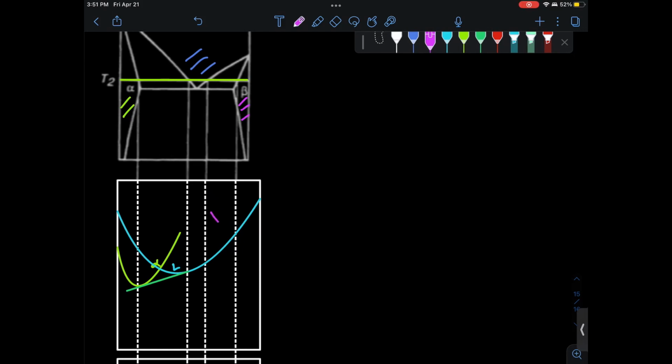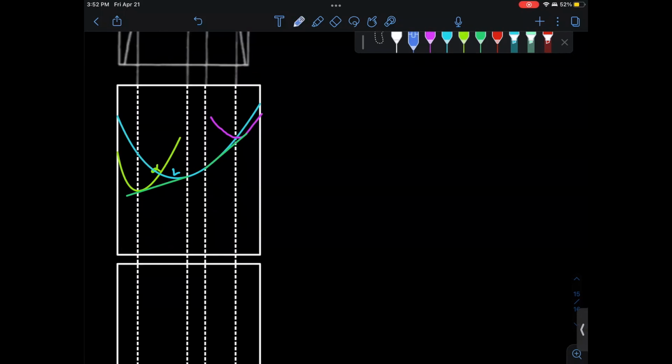And that common tangent should go till around there. See if I made it well enough. That's fine. These common tangents can be hard to draw sometimes. That common tangent is good until around there. And then I'm going to have all beta.